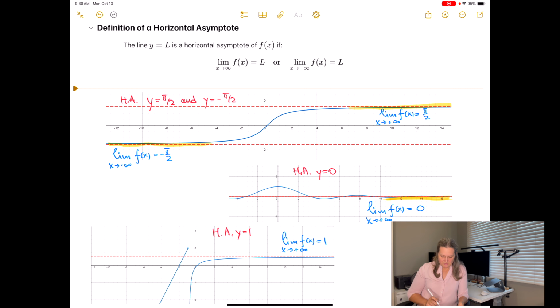The third example shows that the limit of the function f of x as x goes to plus infinity is equal to 1. This is what makes the horizontal line y equals 1 a horizontal asymptote of the function f of x. Observe also that the function f of x crosses its horizontal asymptote in example number 3.